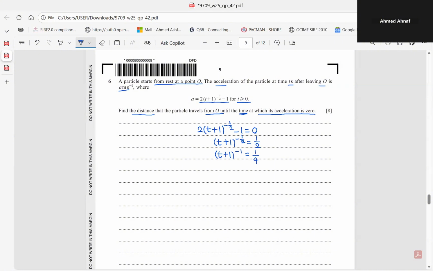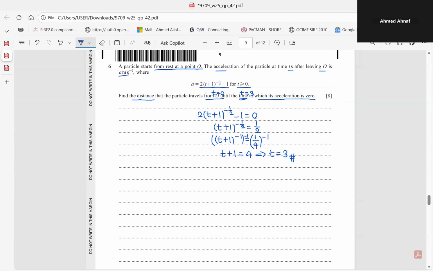Now since you want to remove this negative power, just put the negative power on both sides, and this flips the fraction on the right-hand side. So you get t plus 1 equals 4, and then t would be equal to 3. So this is the time that we're interested in. So we want to find the distance from t equals 0 to t equals 3. Yeah, so these are our limits.